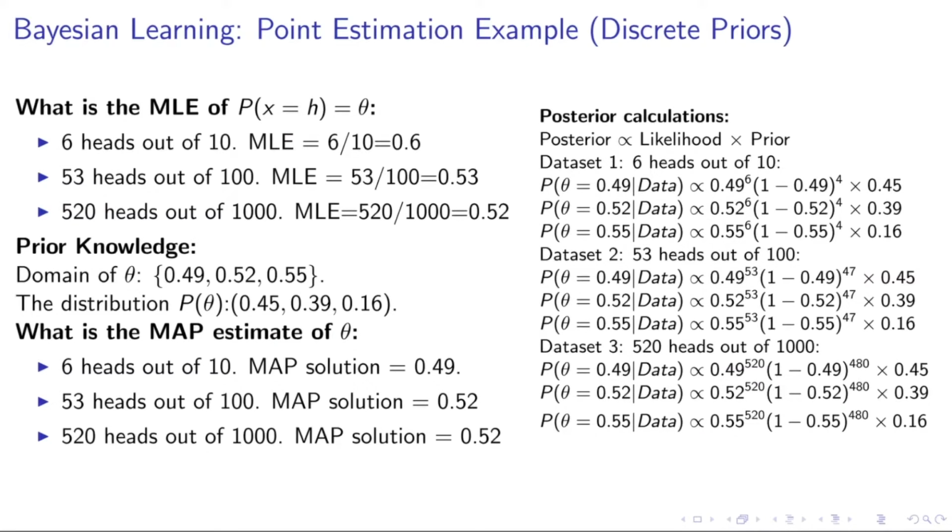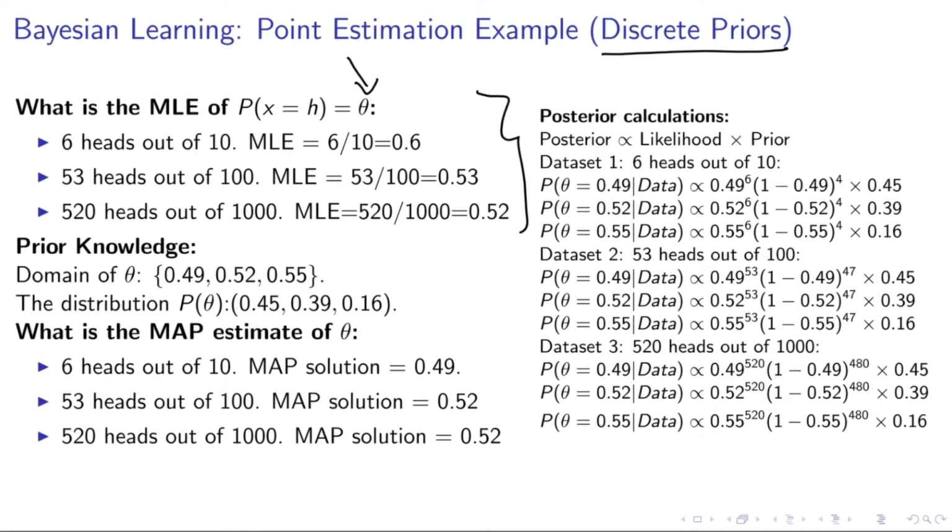The first example we will use discrete priors, and in the next example we are going to use a continuous prior. We are going to use the same point estimation example as before, where we are estimating just one parameter from data. We'll use the example of a biased coin where we have a parameter theta.